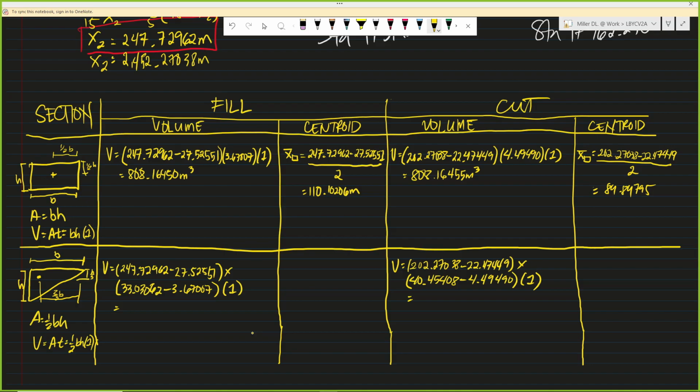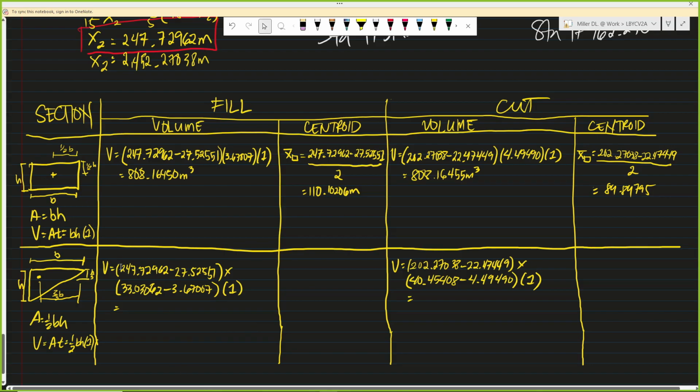Yes, we need to multiply it by 1/2 kasi triangle nga pala to. Thank you for pointing it out. Adjust natin dito yan. Adjust din natin to.